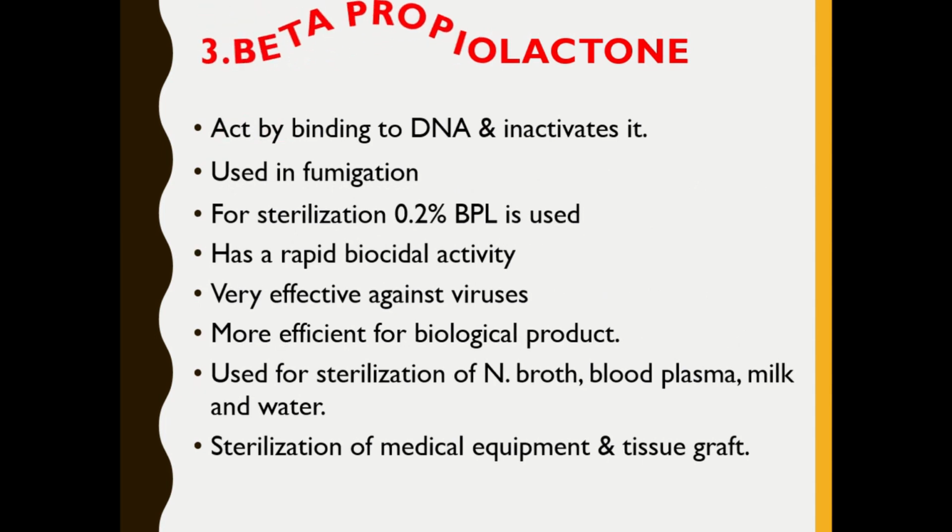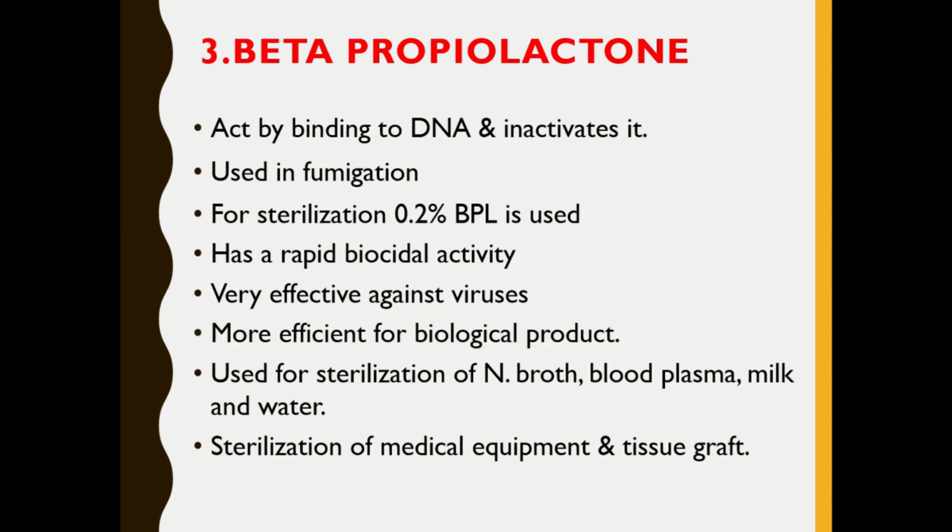The third agent is beta propiolactone. It acts by binding to the DNA and inactivates it. Its mechanism of action is similar to that of the earlier agent, ethylene oxide. It is also used in fumigation. For sterilization purposes, 0.2% of BPL is used. BPL means beta propiolactone. It has high, rapid biocidal activity, and it is very effective against viruses. It is more efficient for biological products.